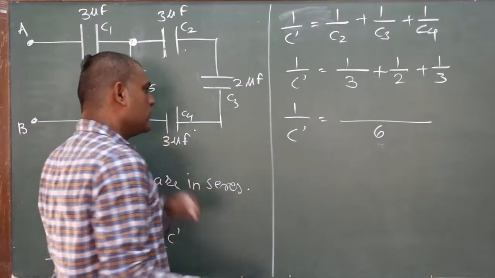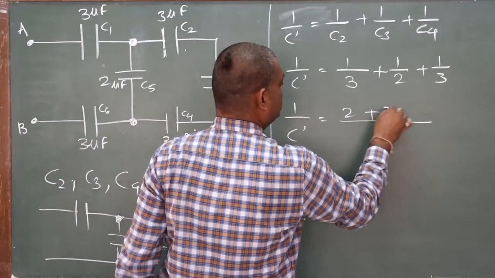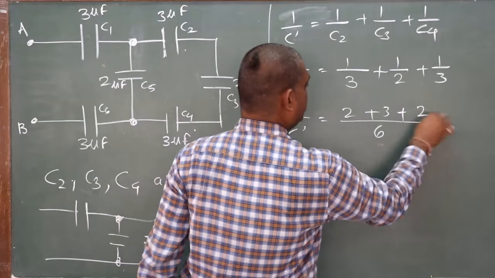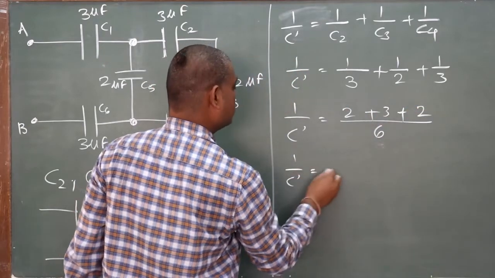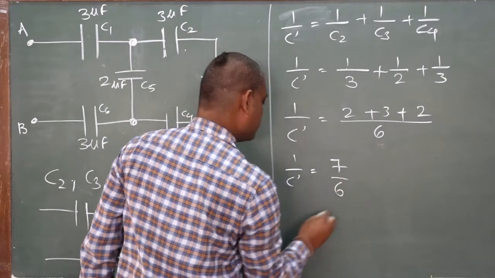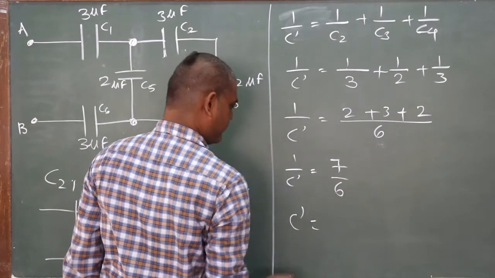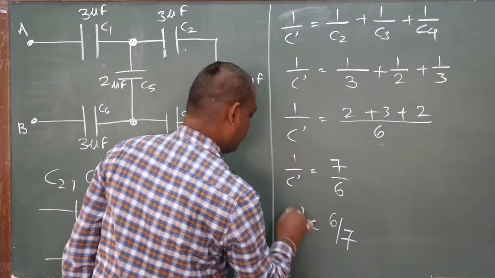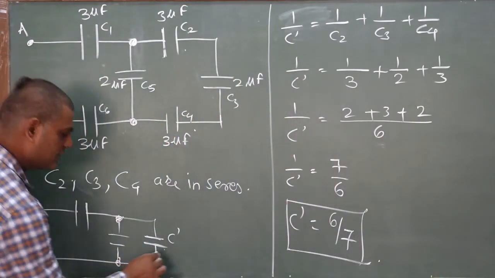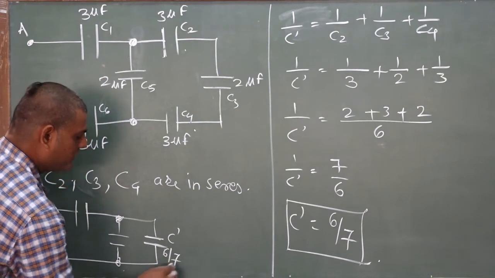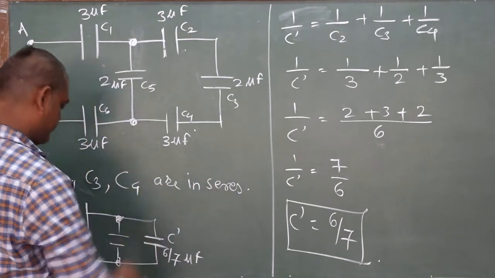Right? So 3 2s are, 2 3s are, it becomes 3, 5, 7. So 1 by C dash equal to 7 by 6. So C dash equal to what? 6 by 7. Right? So this is a capacitance of 6 by 7 microfarad.